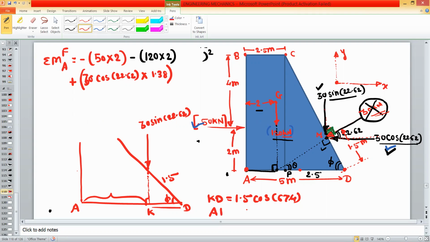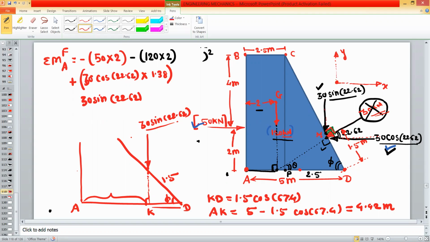So AK is equal to 5 minus 1.5 cos 67.4, which is equal to 4.42 meter. Okay, so take the moment by this 30 sin 22.62. It is 30 sin 22.62 into its perpendicular distance AK, that is equal to 4.42.